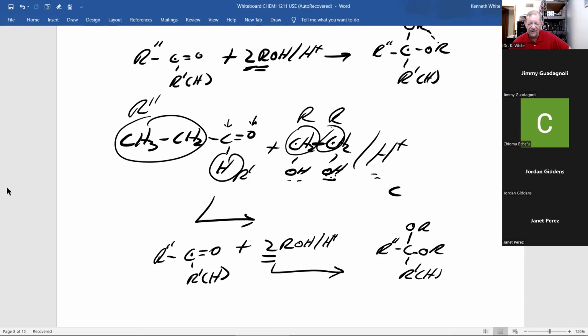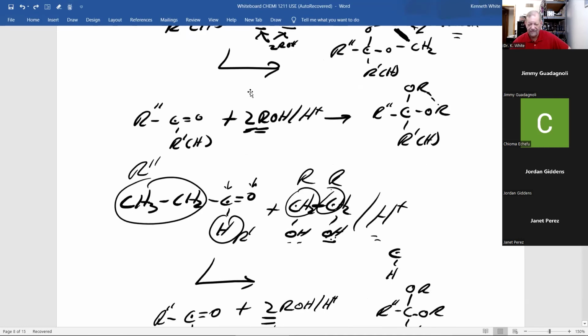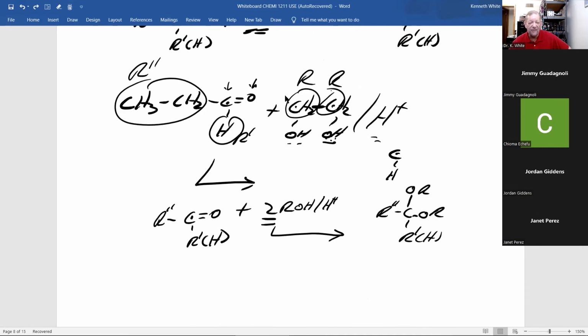So this carbon becomes this carbon. What's attached to it stays attached to it, H, and then my R prime is ethyl, two carbons.